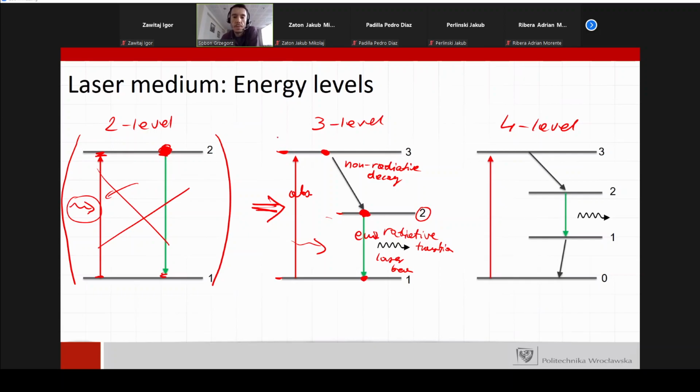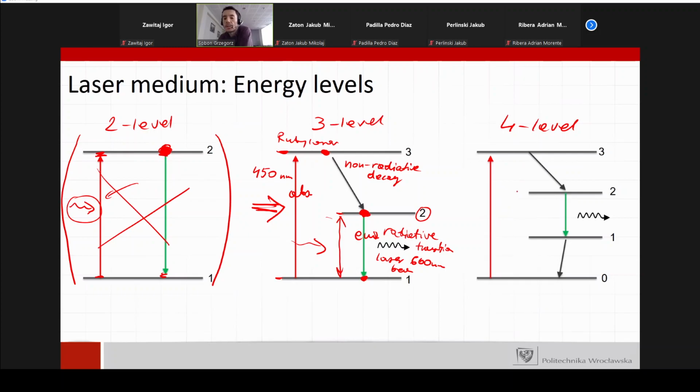The world's first laser was the ruby laser. The absorption wavelength is around, I don't remember exactly, but let's say 450 nanometers, and the emission occurs at around, let's say, 600 nanometers, the red wavelength. So you see that the wavelength here is shorter because the energy is higher, and the band gap here is smaller.